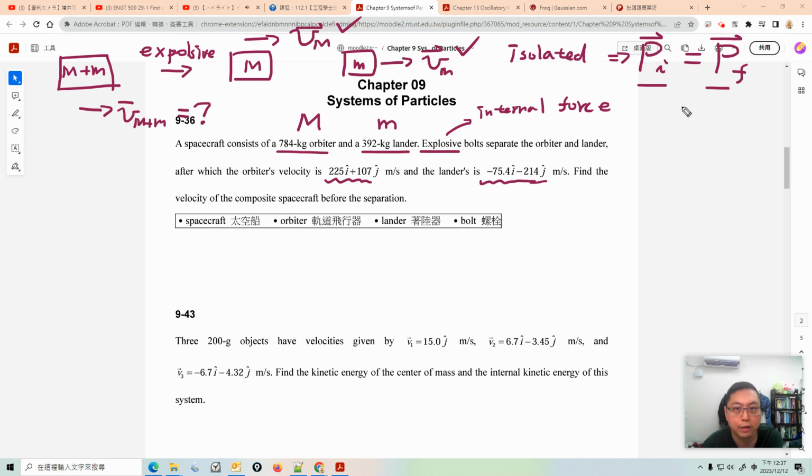So we can write down the equation: before the explosive, the system is M plus m, times its velocity vector, equal to the momentum after the explosive.